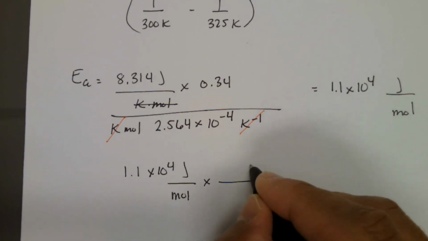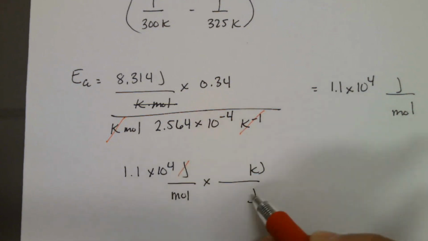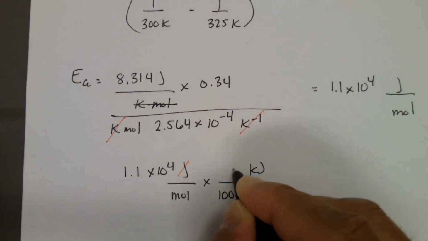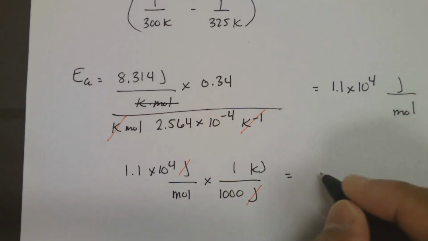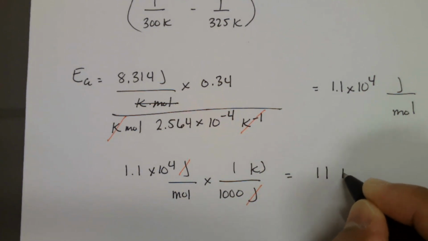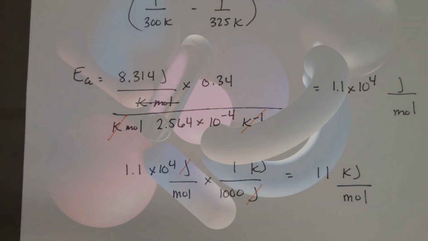And we'll do a simple conversion to kilojoule, cancel the unit of joule. And there are 1,000 joules in 1 kilojoule. And so this gives us an activation energy of 11 kilojoules per mole.